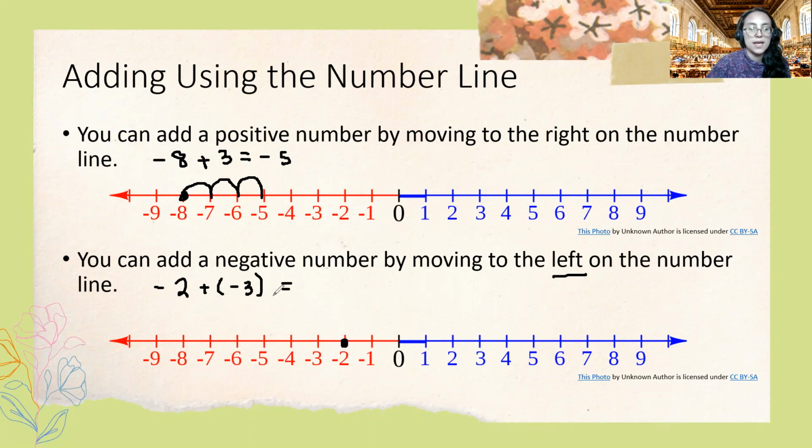Here it is. And I'm going to be adding -3. And because 3 is negative, I'm going to move 3 spaces to the left. So I'm going to jump 1, 2, 3. And that would be our answer. It would be -5.